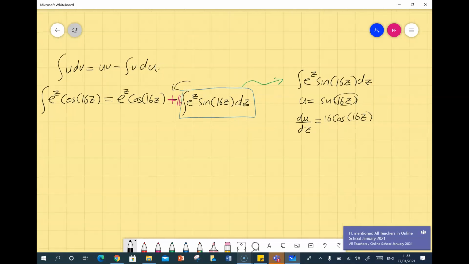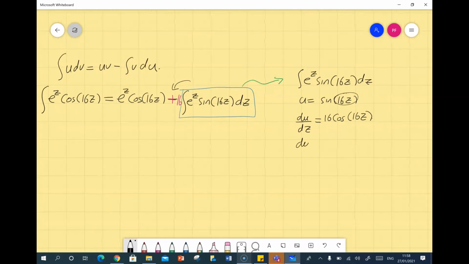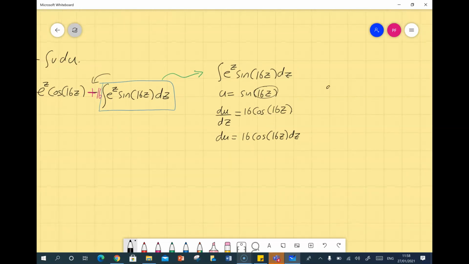So du equals 16 cos of 16z dz. Now we've got our dv, and our dv is equal to e to the power of z. So the integral of dv is equal to e to the power of z, and that means we can write v as e to the power of z.